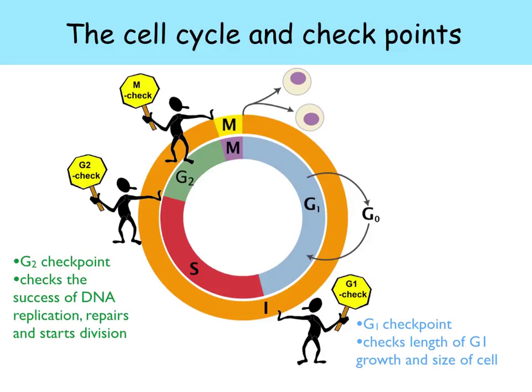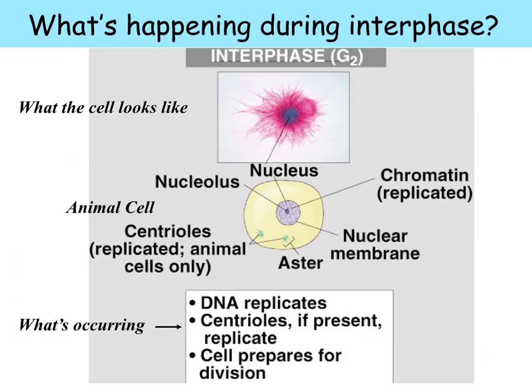You've got the G2 checkpoint, which checks the success of DNA replication, and it repairs and starts division. And then you've got the mitosis checkpoint, which checks mitosis accuracy. So if we have a look at what's happening during interphase, you can see that the DNA replicates, the centrioles, if present, replicate, and the cell prepares for division.